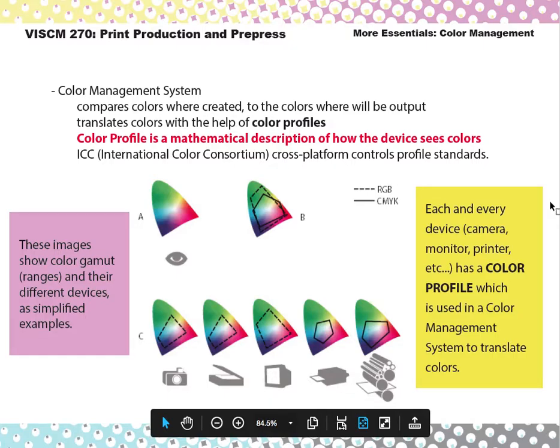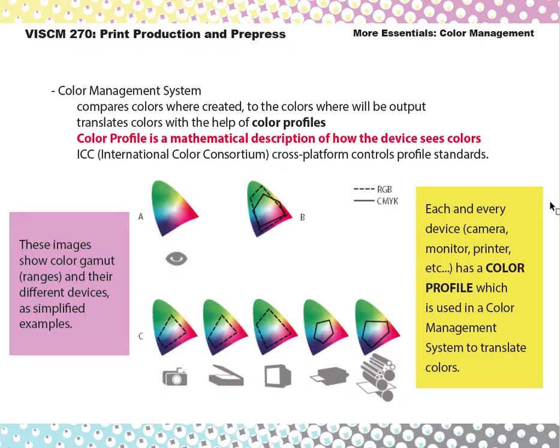A color profile is the mathematical description of how a device sees color, whether it's an input device, such as a camera, scanner, or an output device, such as a monitor or printer. So even monitors have profiles, printers have profiles, presses have profiles, scanners have profiles, cameras have profiles, and so on.